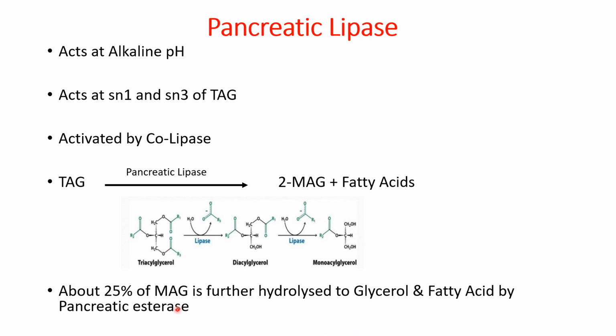That is mostly done by pancreatic esterase, but there are other ways too, like isomerizing it by changing the position from 2 monoacyl glycerol to 1 or 3 monoacyl glycerol. Then again pancreatic lipase can act on it. But mostly the pancreatic esterase enzyme acts on this.